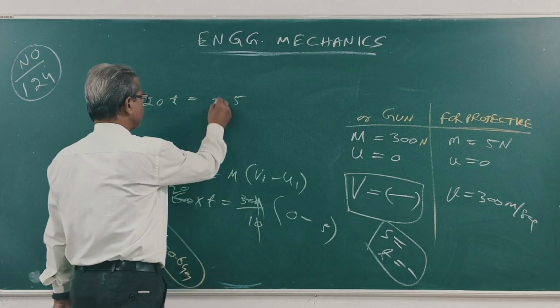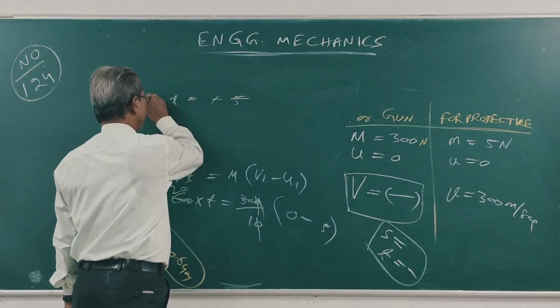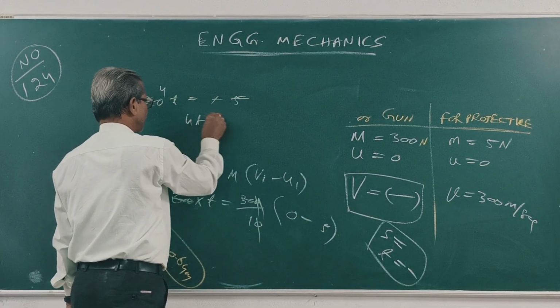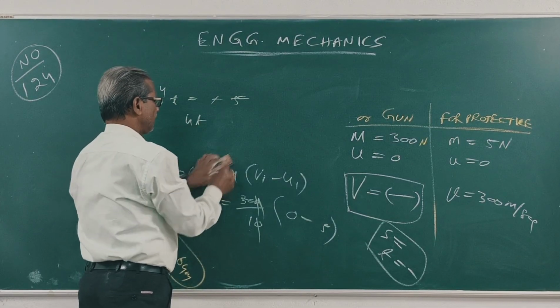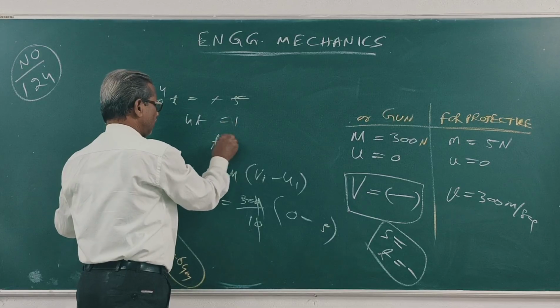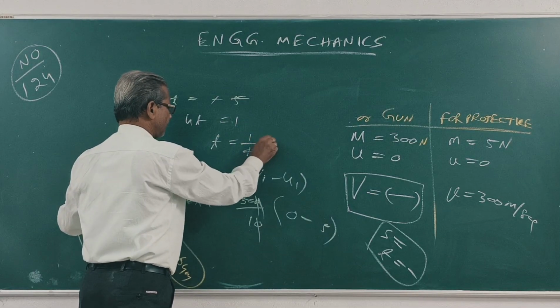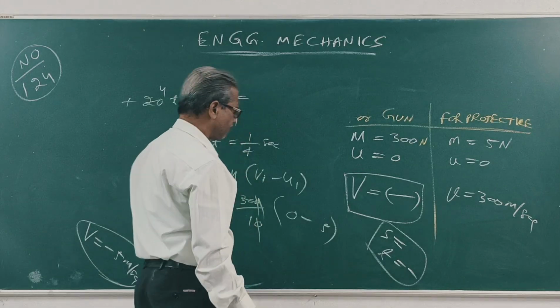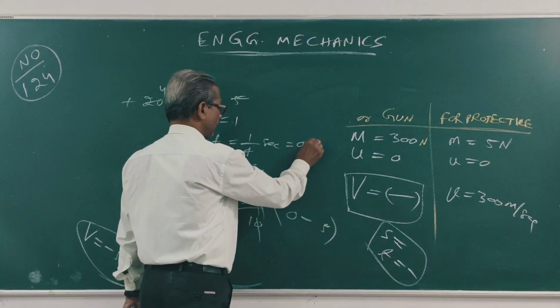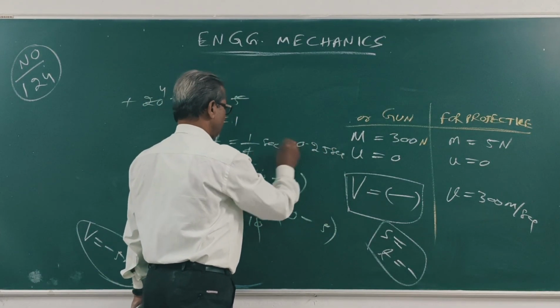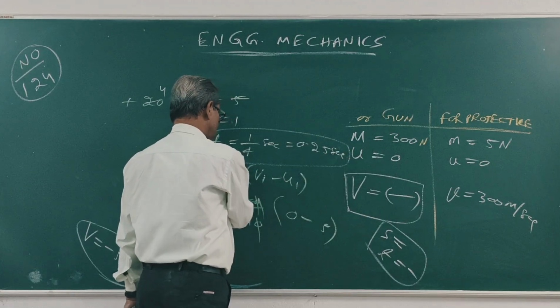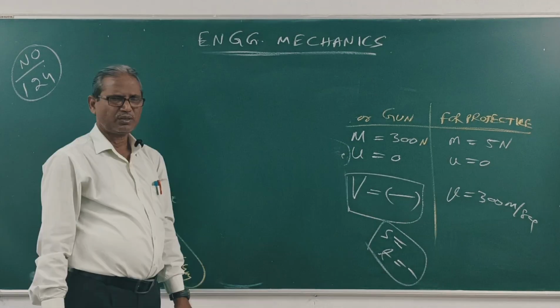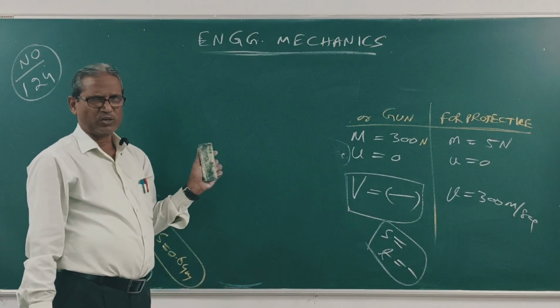So minus cancel out. 5 by 40, T is equal to 1 by 4 second, means 0.25 second. Clear? This is question 124.